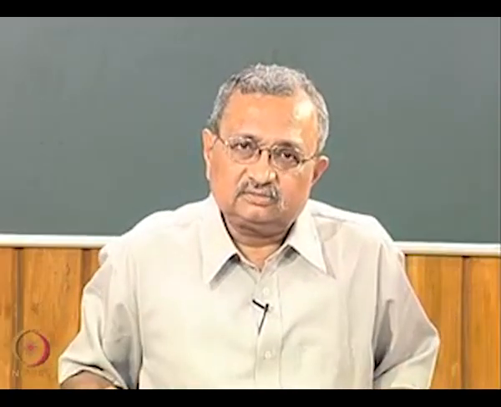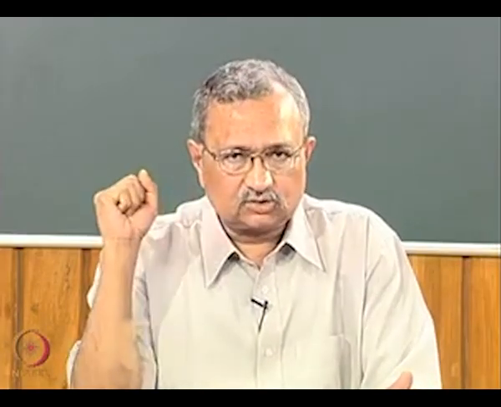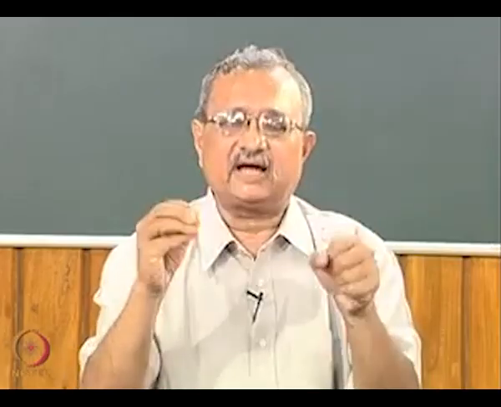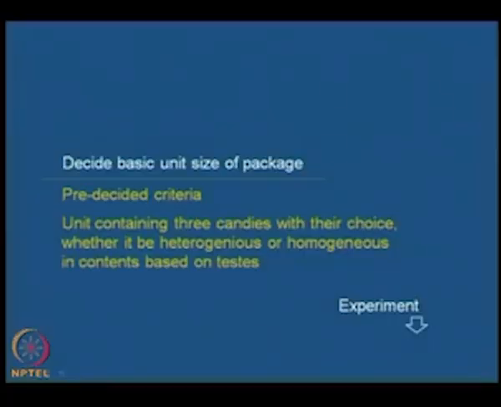Normally mothers tell their child not to eat, but if they prefer, then one can say, as an assumption, that while going to school you can take one, at recess time in school you can take another one, and while coming back from school you can have another one. So, with this assumption we felt, okay, let us have 3 candies, smaller units that children can take to school. The experiment now.